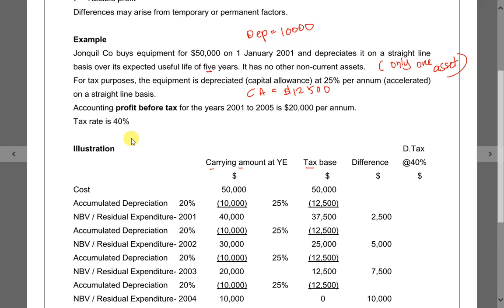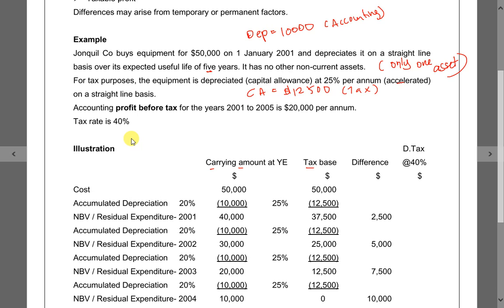Depreciation we claim 10,000 in accounting. But for tax, we can claim 12,500. Am I claiming more? Yeah, that's why we call it accelerated, like faster.